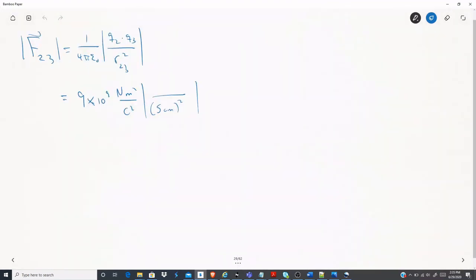I'll just put 2 nanocoulombs times 5 nanocoulombs. I don't have to worry about the negative sign because of the absolute value bars. And the order that I write them in doesn't really matter because multiplication is commutative. So Q2 times Q3 is the same as Q3 times Q2, which is what I have here.